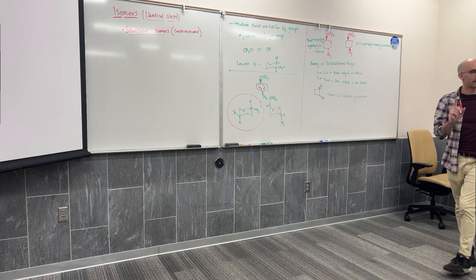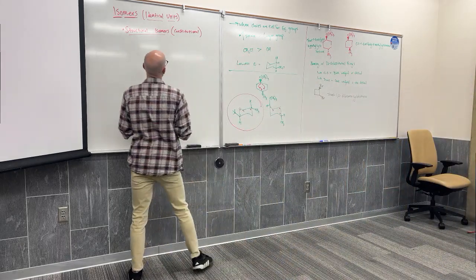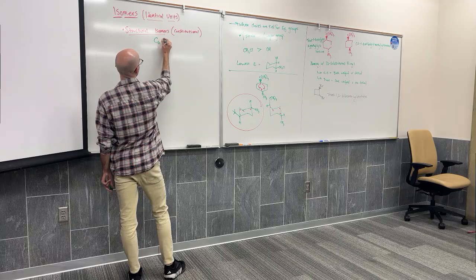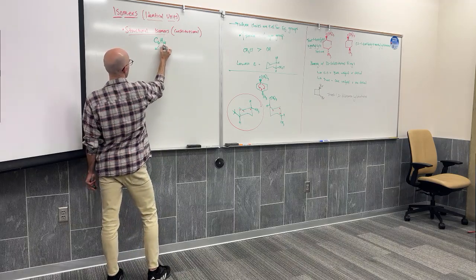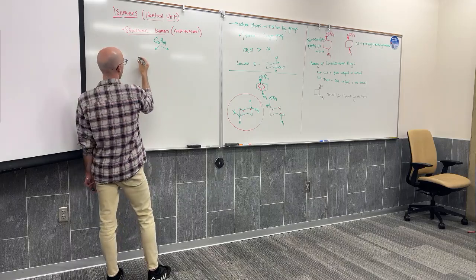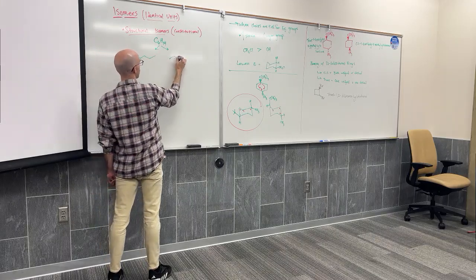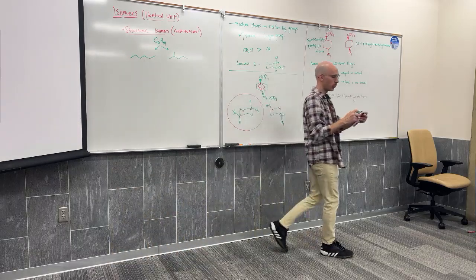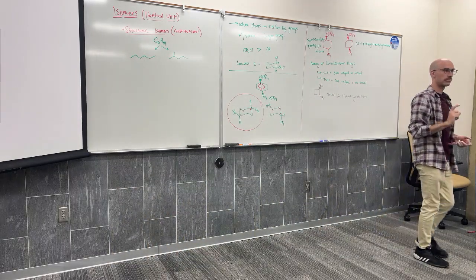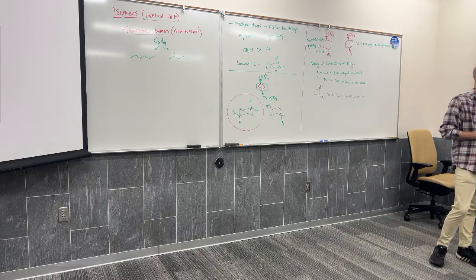Structural isomers have the same chemical formula, different connectivity. Let's look at C6H14. There are many structural isomers here. One of them is n-hexane. One of them is 2-methylpentane. Same chemical formula, very different connectivity.